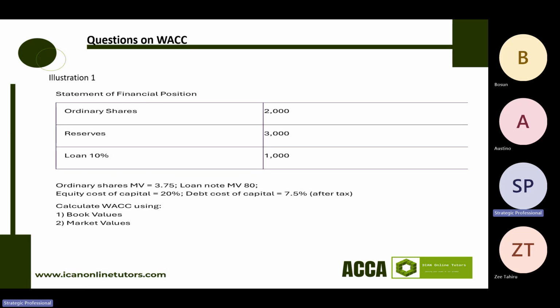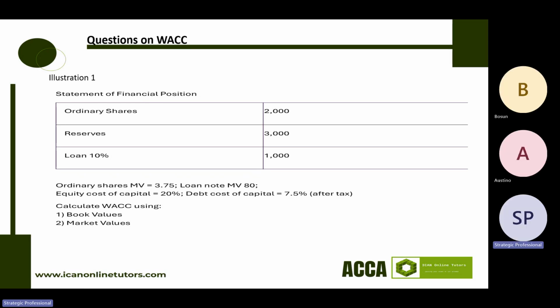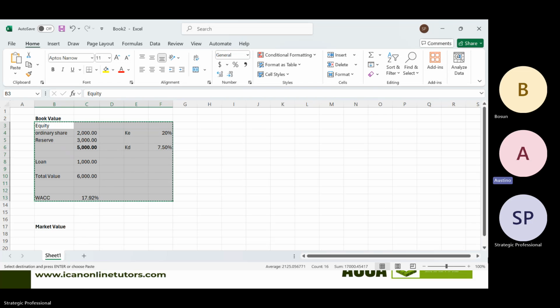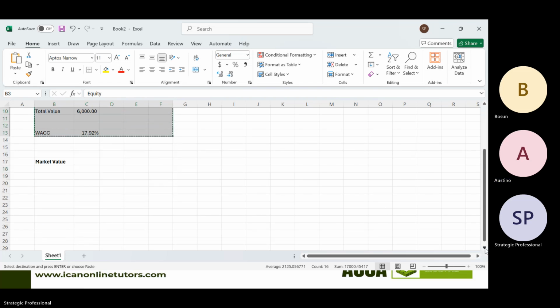So let's now work. All we need to do is copy this again for the market value part, this equity side. They told us that the ordinary share is 3.75 kobo, if I'm not mistaken.